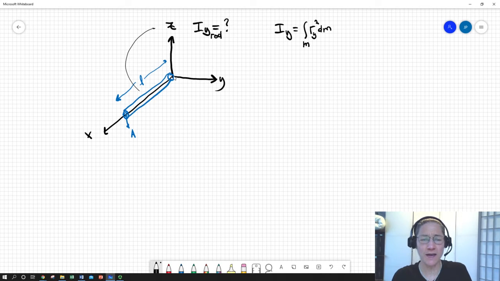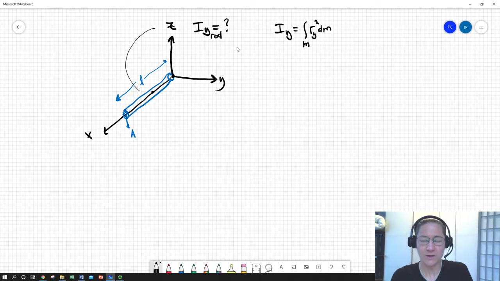We might want to know that. So we're going to be looking at the rod basically rotating about a point here at the origin, such that the axis of rotation is the y-axis. So this is very different than rotating about its center point or its center of mass.